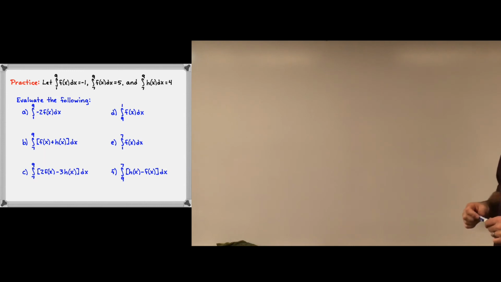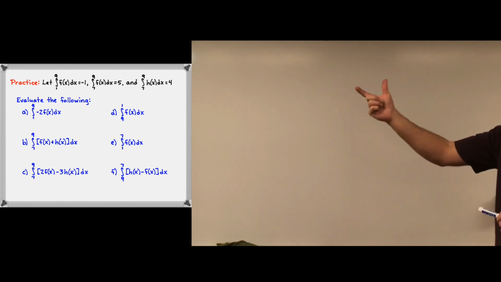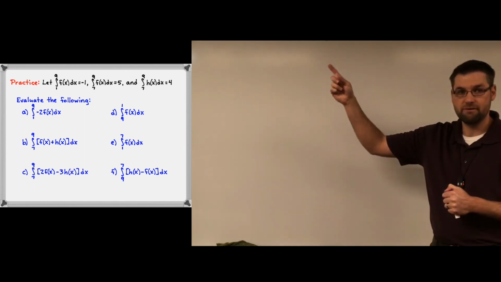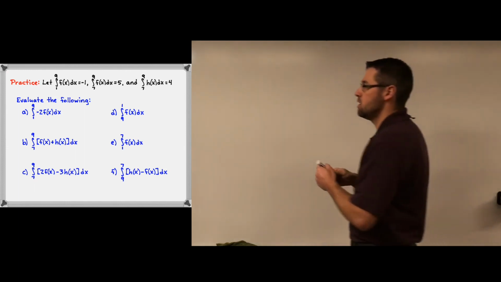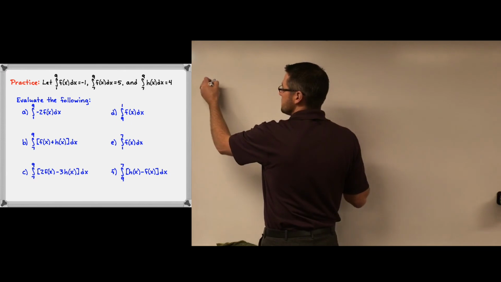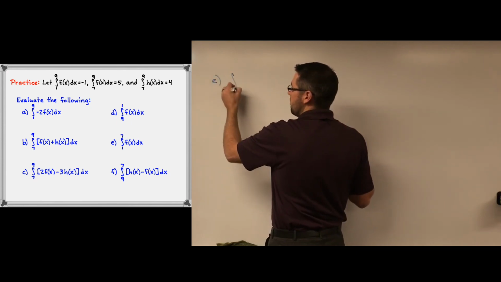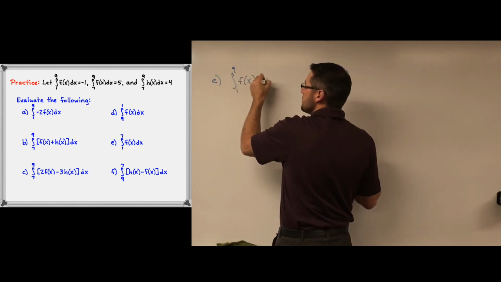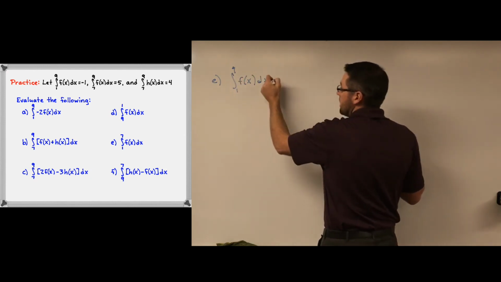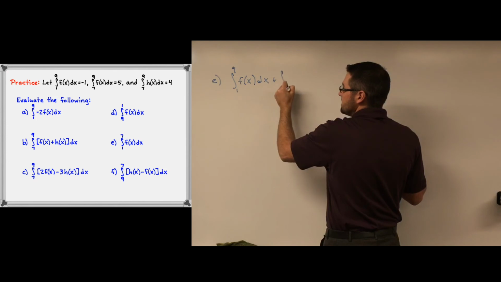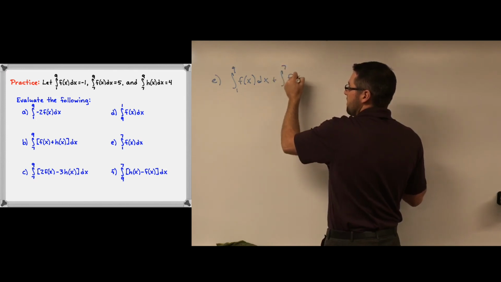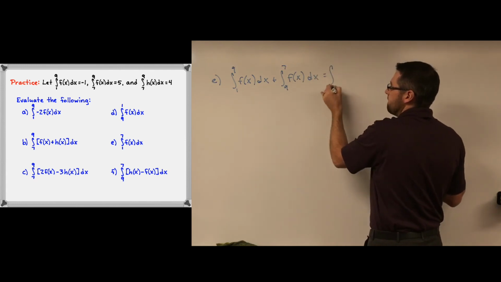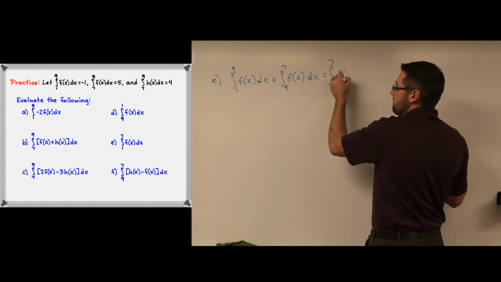If I'm going to combine the first two integrals, I need to make sure that the upper bound of the first one is the same as the lower bound of the second one. So I'm going to rewrite that as the integral from 1 to 9 of f of x dx plus the integral from 9 to 7 of f of x dx is going to equal the integral from 1 to 7 of f of x dx.